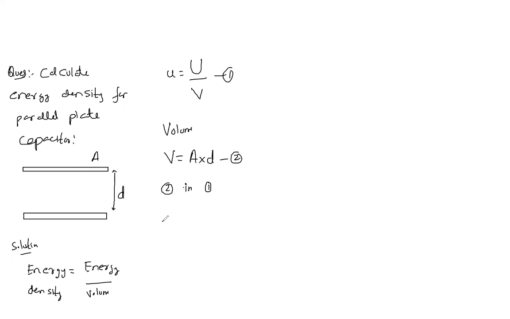When we substitute 2 in 1, energy density is energy divided by volume. Fatma, d is the separation between the plates, right? A is the area of the plate and d is the separation of the plates. So the volume of the entire capacitor is A into d.